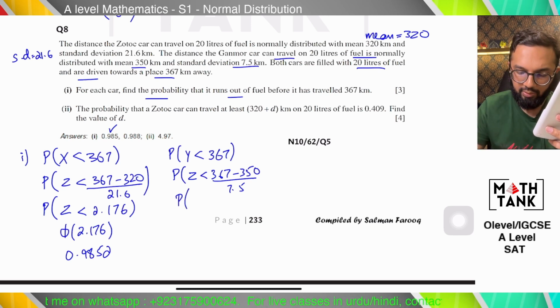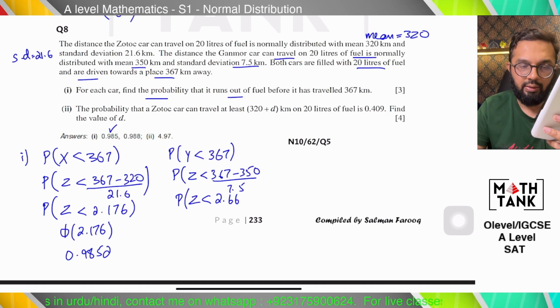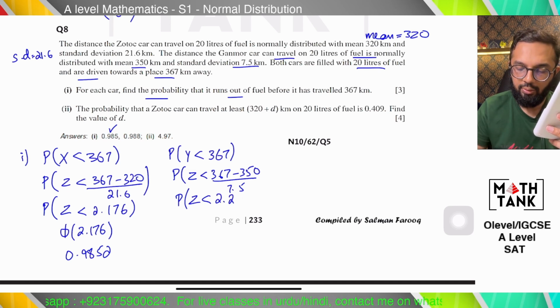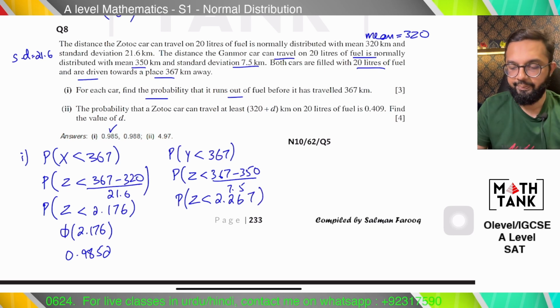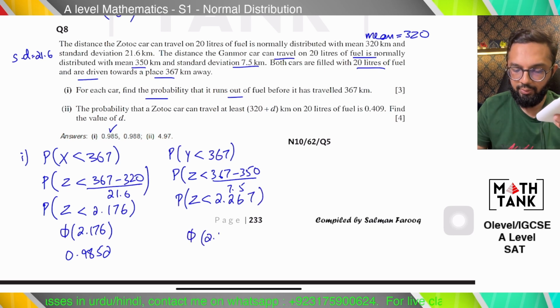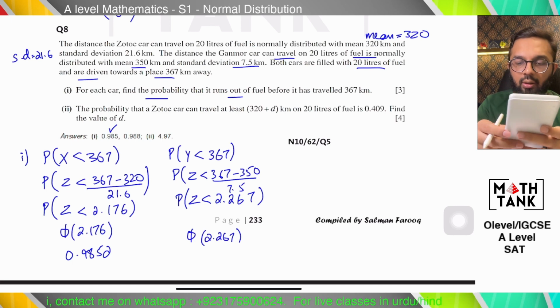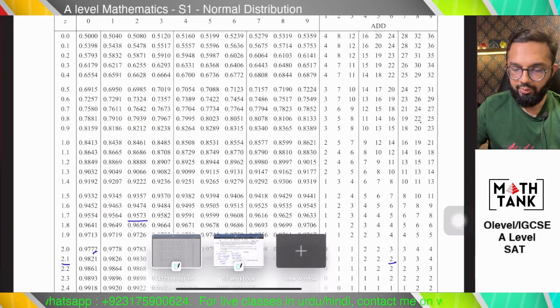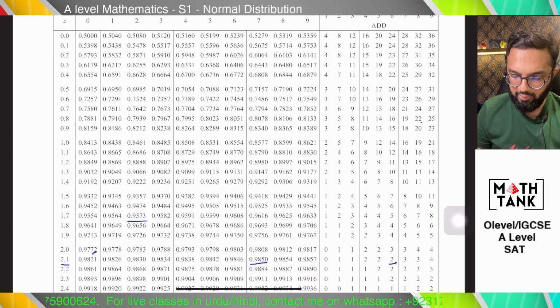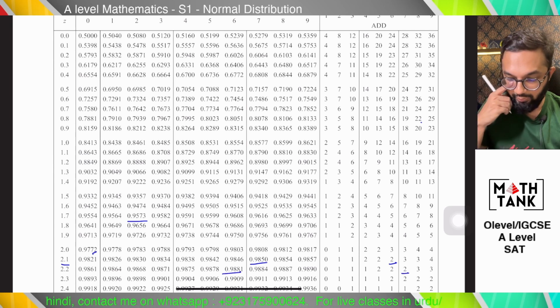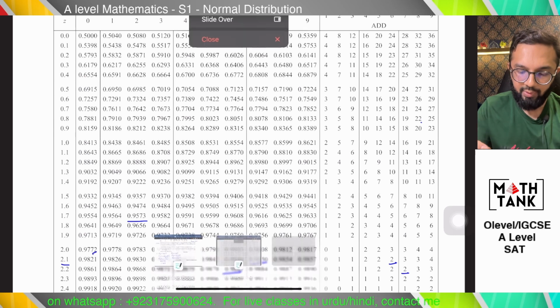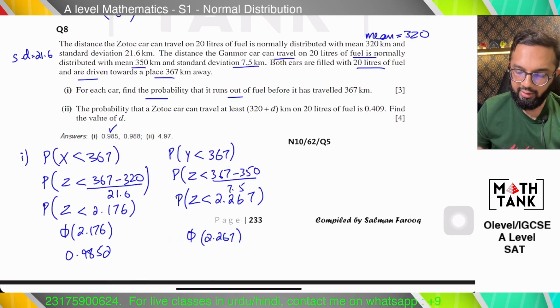That gives me the probability of Z less than 2.267. So phi of 2.267. Let's read that from the table. 2.26, and 7. So 0.9883.